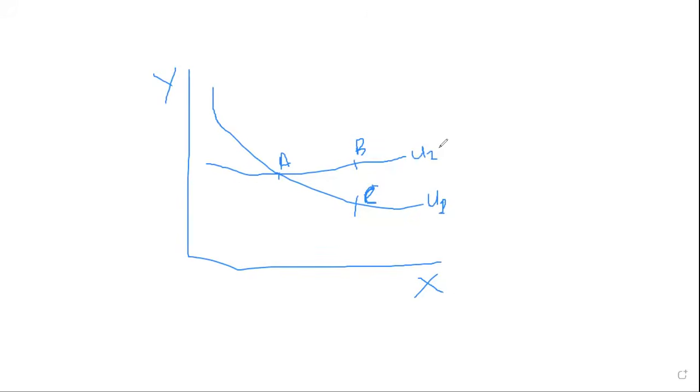But now let's see. Note that all commodity bundles on the same indifference curve offer the same level of satisfaction to the consumer. And therefore, the consumer should be indifferent between A and B, because A and B are on the same indifference curve, right?